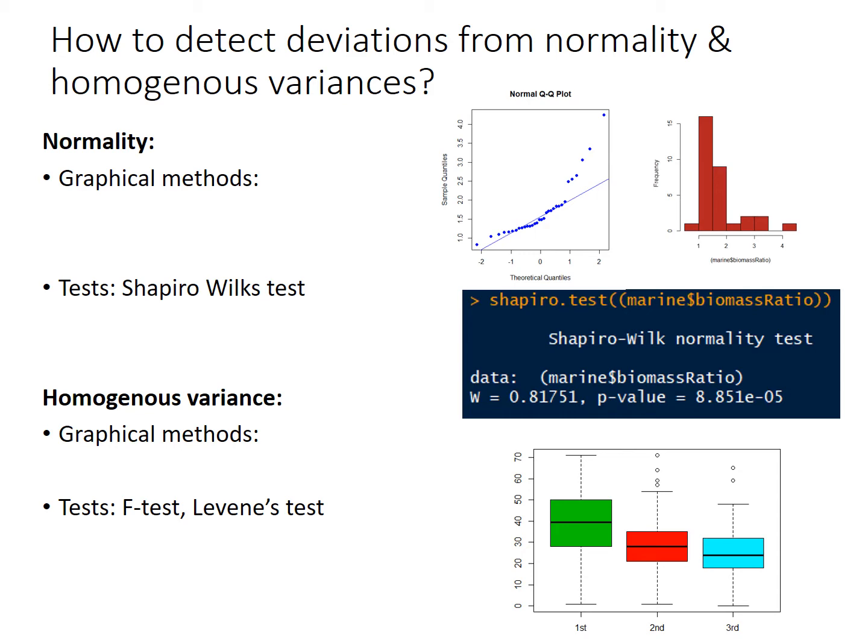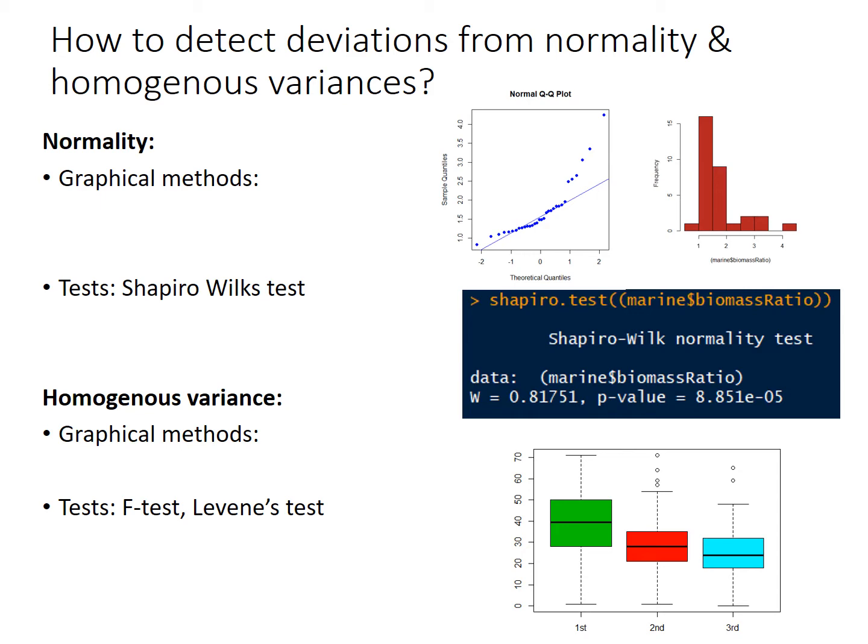There's an issue that happens with statistical power. Remember, when you have lots and lots of samples, you're more likely to find an effect. So if you have a really large sample size, you might have a data set that graphically looks completely normal, but then when you run the Shapiro-Wilk test, you might say, hey, these are significantly non-normal, even though it probably isn't a big deal. So again, just be cautious with those tests.